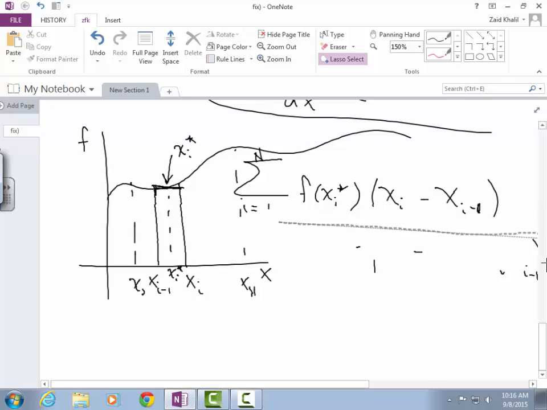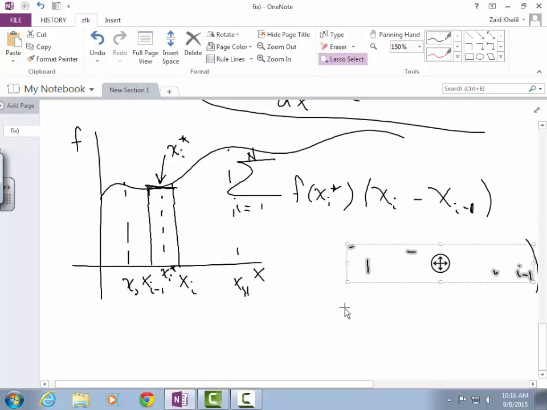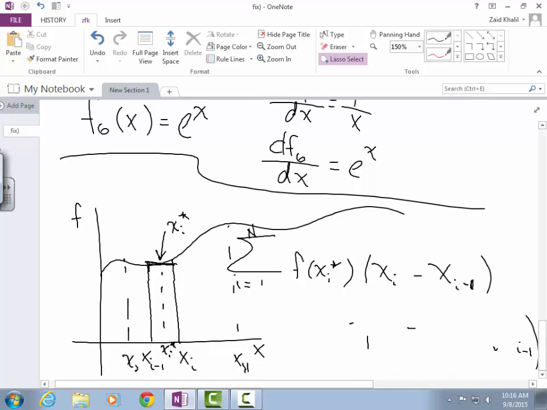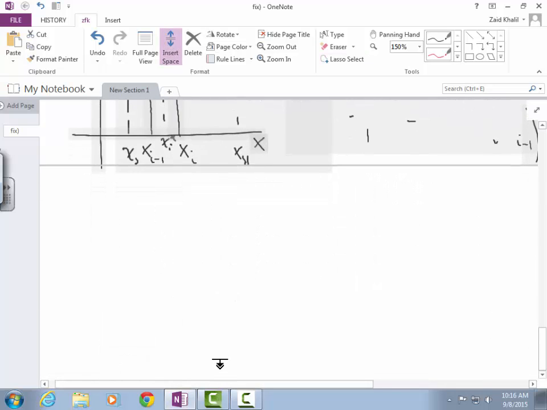Actually, you know what? What happened? All right, nice. So what I can do is first insert space. Okay, go back up.